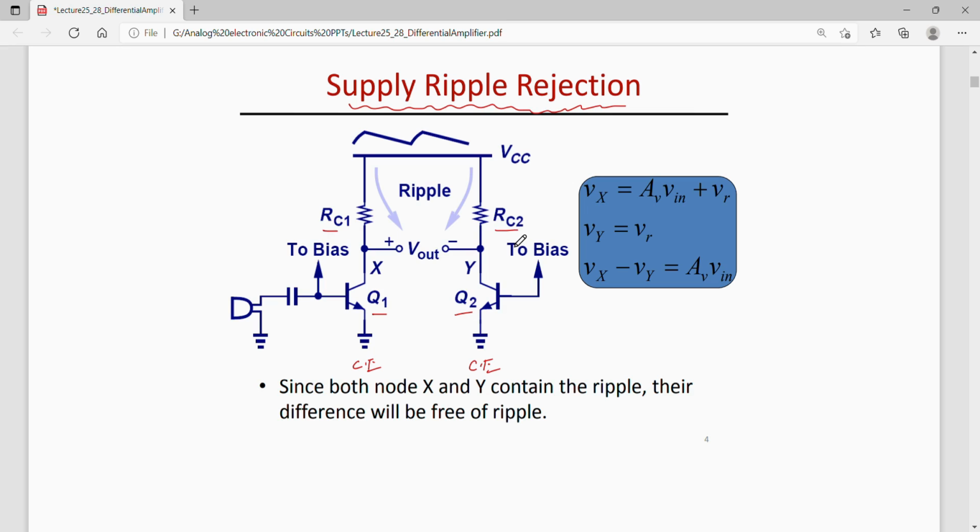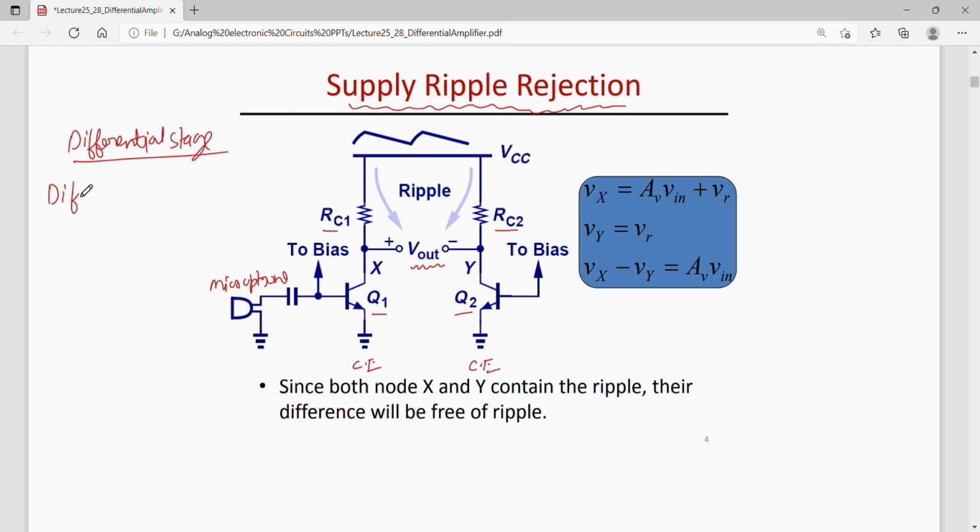And the input from the microphone here is connected to Q1 at the base. Now if I try to find the output here, in fact in this differential amplifier, or differential stage, the differential output is taken, right?